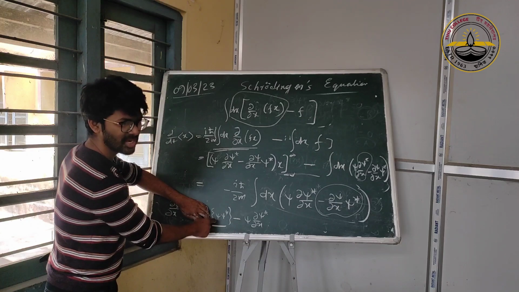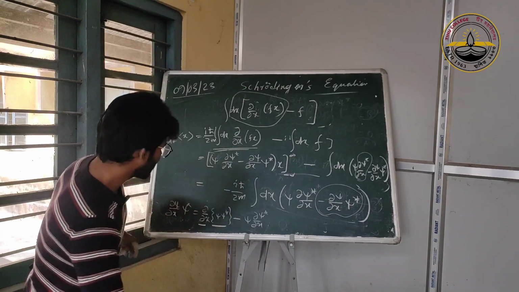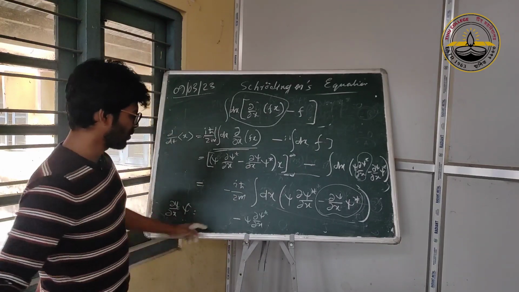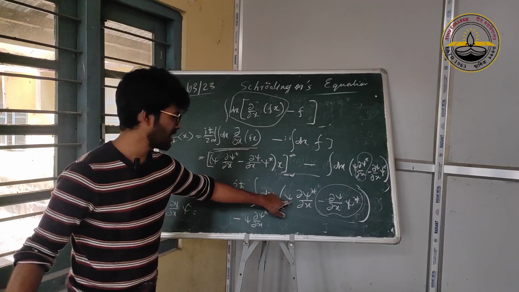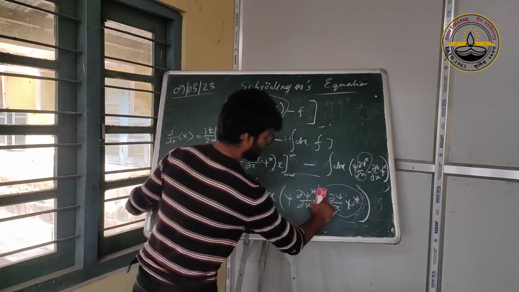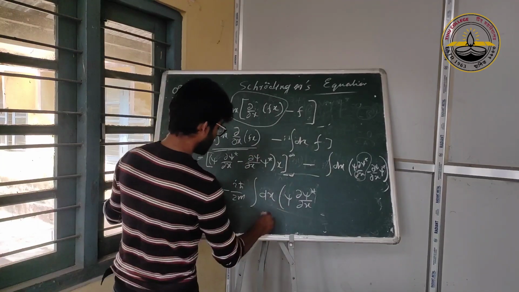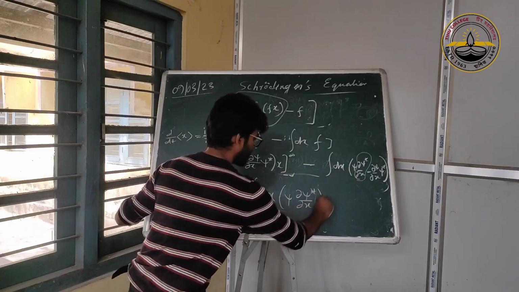Once again, psi and psi star both go to 0 at plus infinity and minus infinity. This thing will die out, we'll remain with this, but then this is this, and there is a minus and minus plus, so in the end it will be just 2 of this thing, so 2 cancels out.